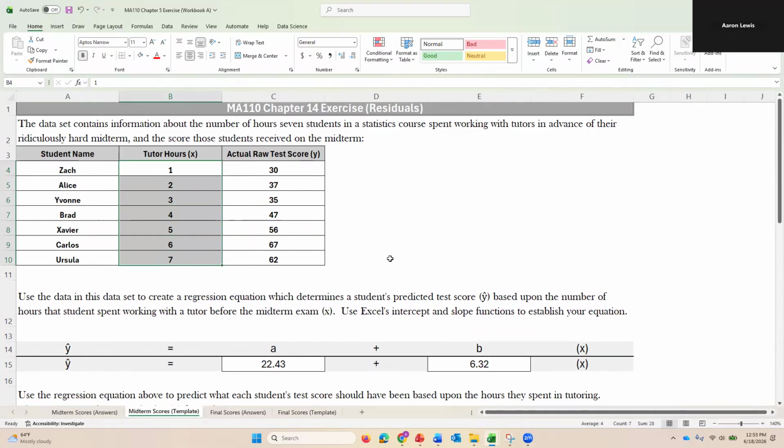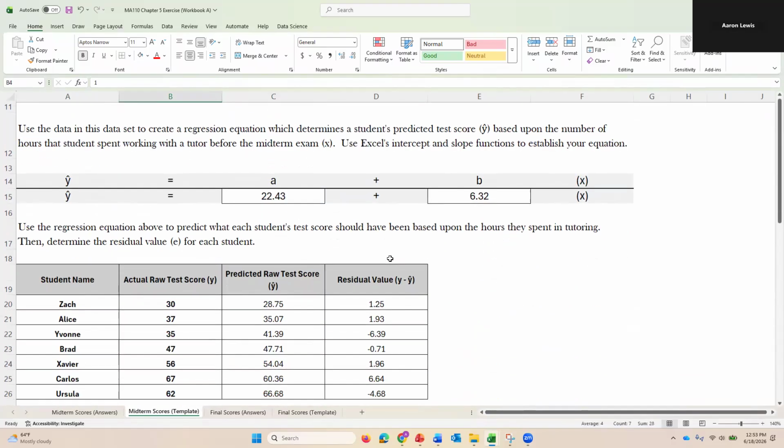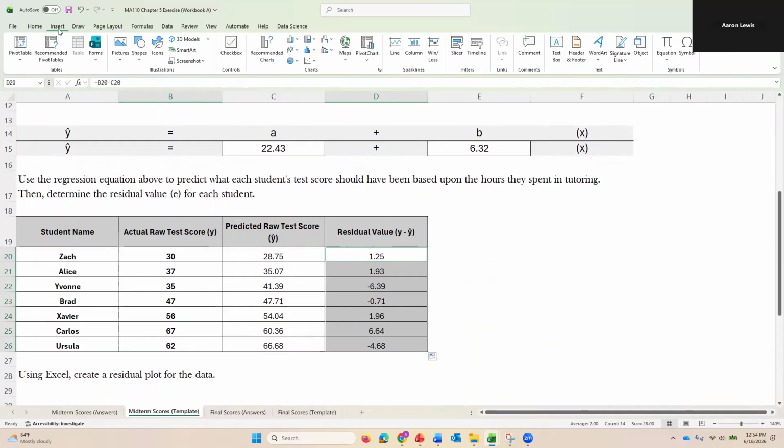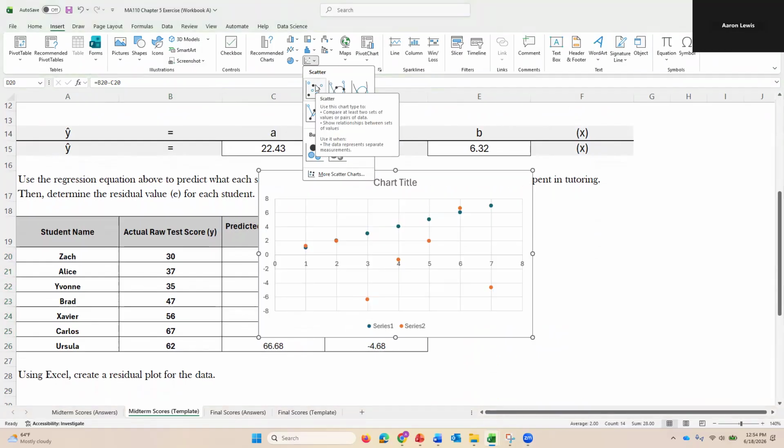And then I'm going to hold down Control, scroll down a little bit, and highlight my values of E, my residual values. And when I do that, I can go up to Insert. In the Insert tab, this section says Charts. I'm going to go to the Scatter Charts and grab the one in the top left, which is just our regular old scatter plot.